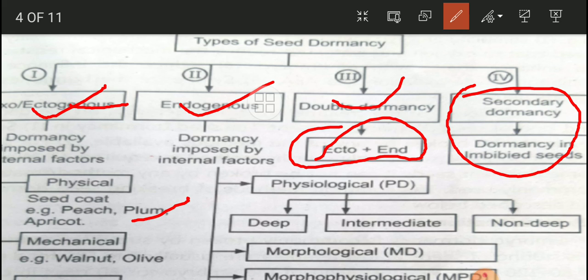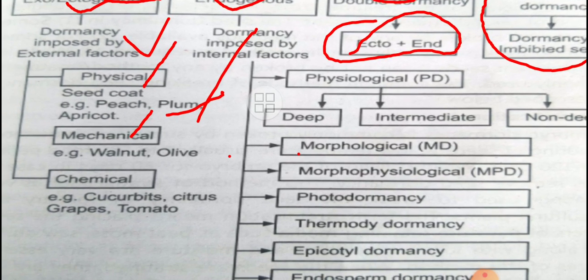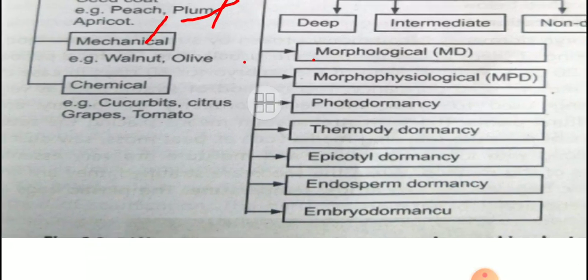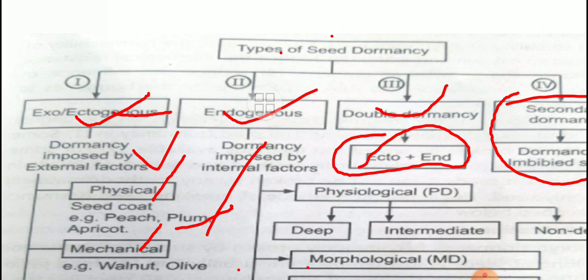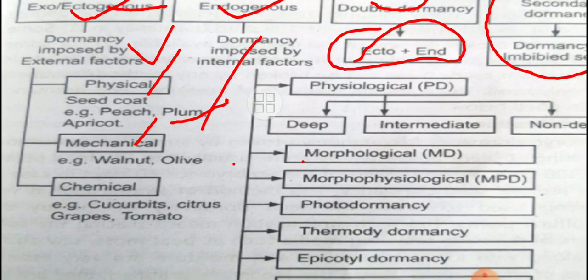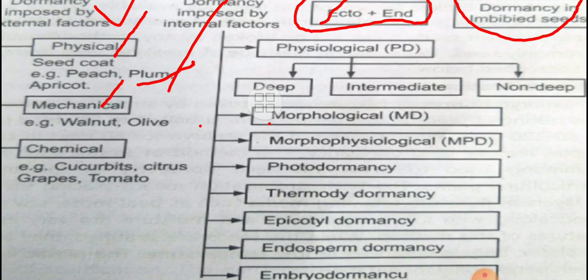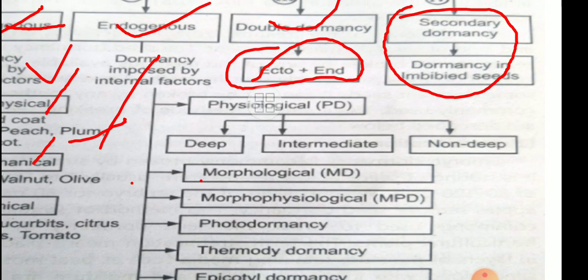Friends, you have to keep in mind ectogenous, external dormancy: dormancy imposed by external factors. Those factors are physical factors, mechanical factors and chemical factors, and they are responsible for keeping the seed in a dormant condition.